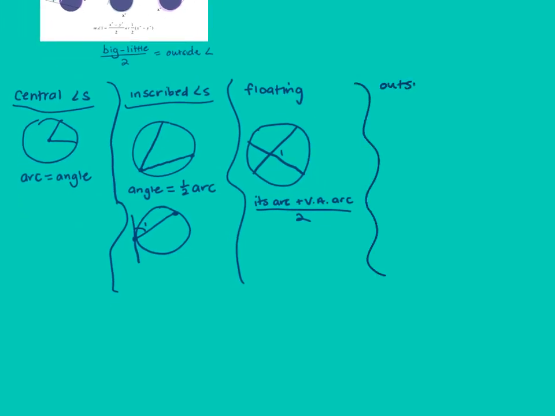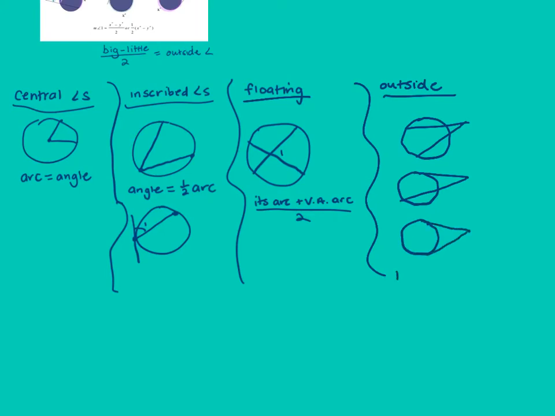And then the last one is an outside angle, which is the one we just talked about. And this is anything outside. So it could be two secants, a tangent and a secant, or two tangents. And all of those are big minus little divided by 2.